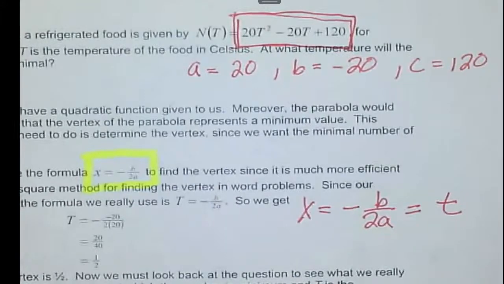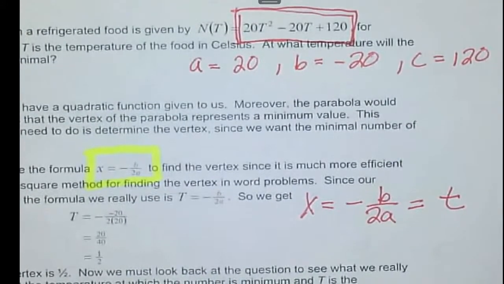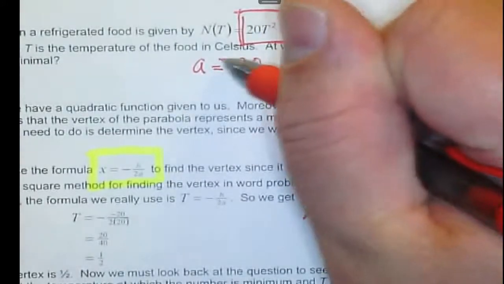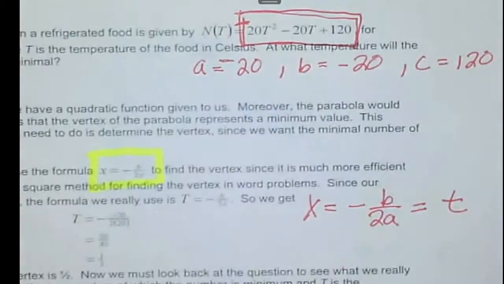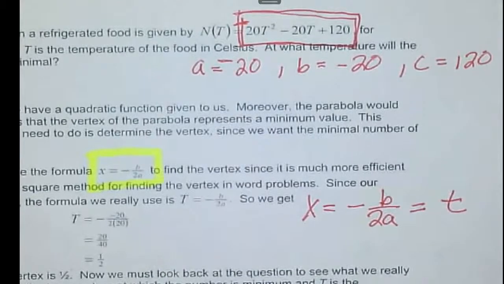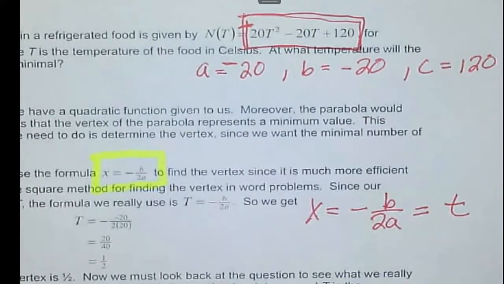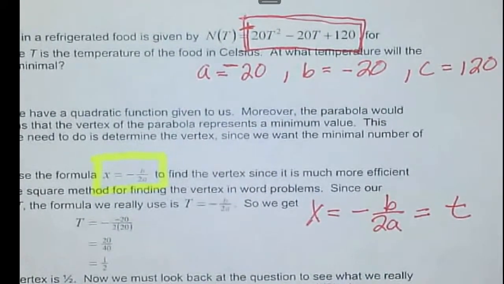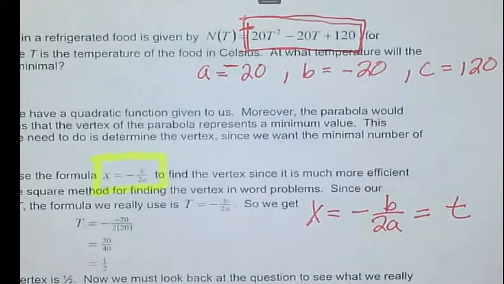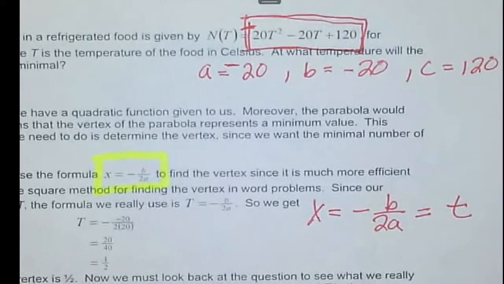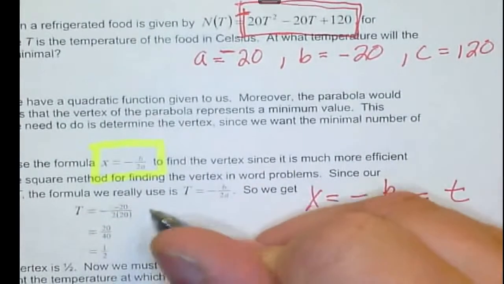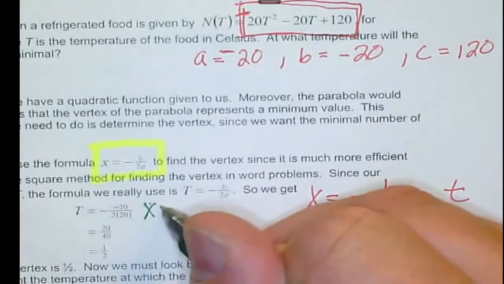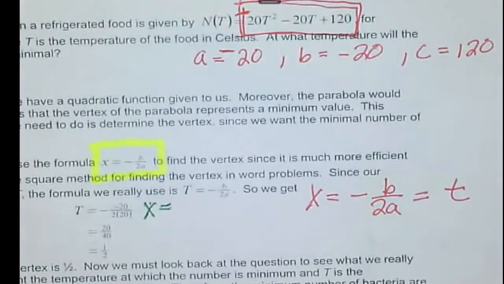Okay, so they want us to find, in this case, you know what, let's use negative 20, just to keep everything a maximum point, okay? So they want us to find the maximum using the formula x equals negative b over 2a. Well, let's go ahead and do it. So, x, or t, whichever one you want to use, I'm more familiar with x.